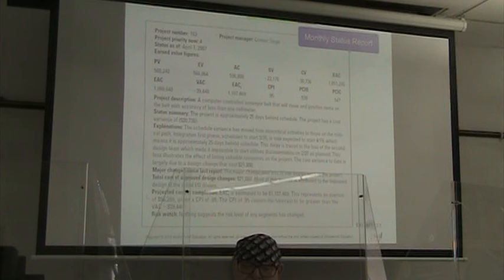They're explaining that the projected cost at completion is $56,000 over, so it's got a CPI of 0.95.